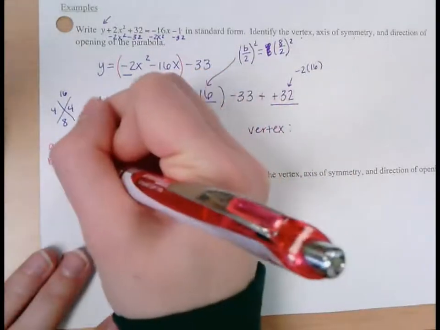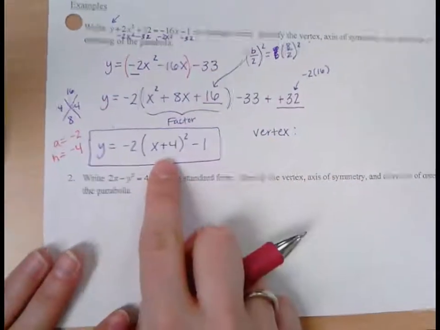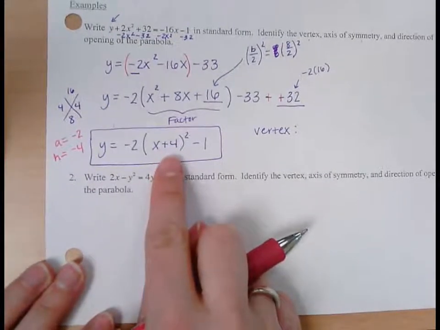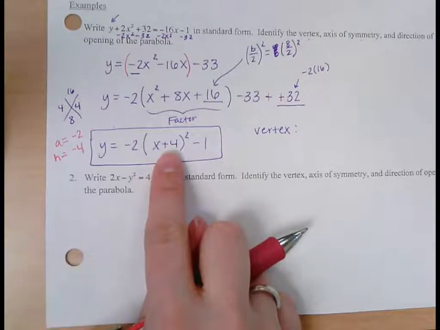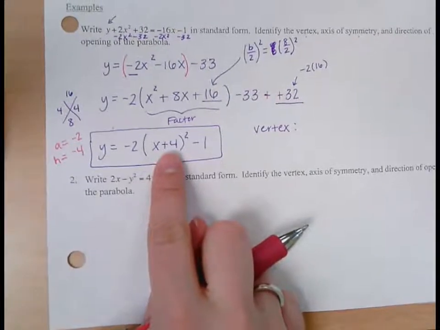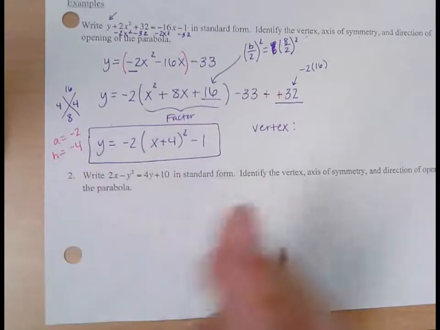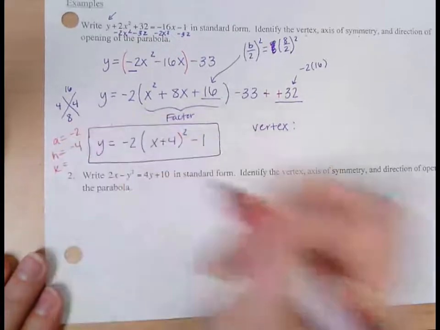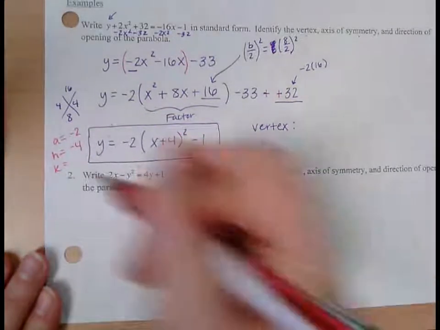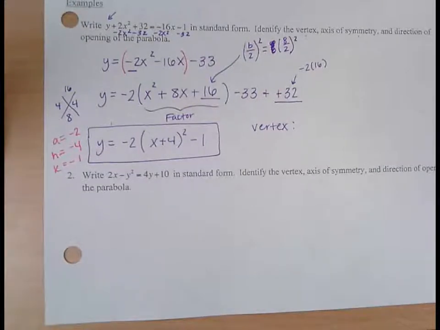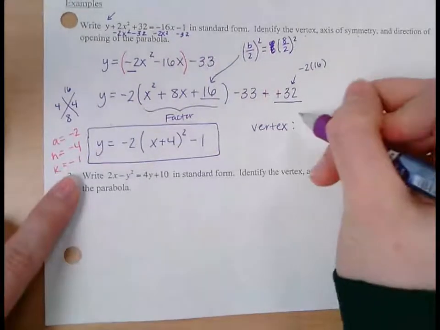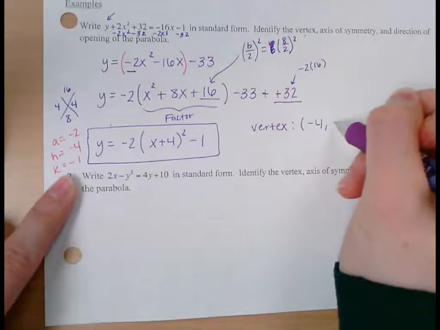H is negative 4, yes. So because the formula is x minus h quantity squared, h is really the opposite of positive 4, because plus 4 is really x minus negative 4. So h is negative 4, what's k? I heard negative 1. Okay, the vertex is the ordered pair h, k. So our vertex is negative 4, negative 1.